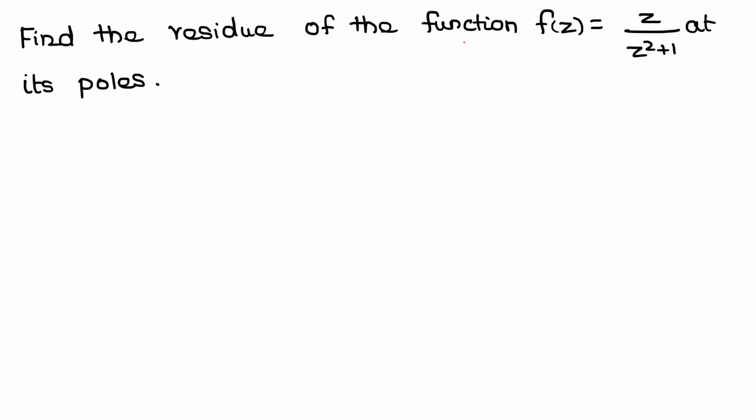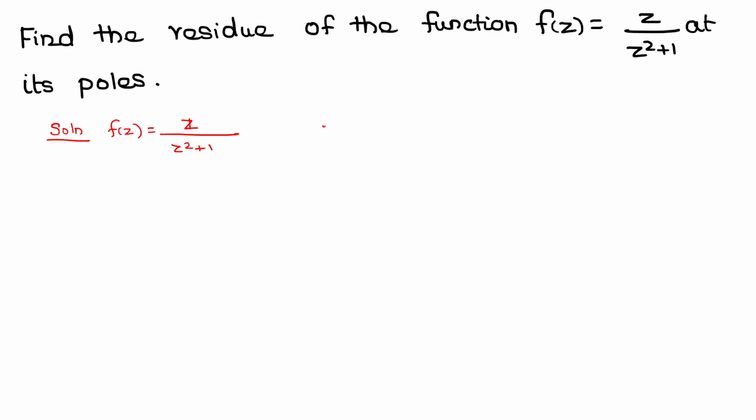Find the residue of the function f of z equal to z by z square plus 1. First of all, we have to find the poles. To find the pole, we have to take the denominator term of f of z. Here f of z is given as z by z square plus 1.